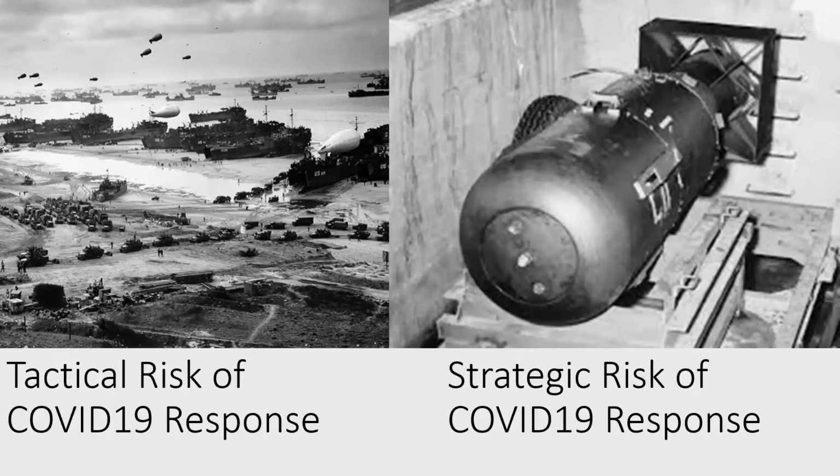And the strategic risk in World War II is that before we were able to defeat Germany, they would beat us in the race for a nuclear bomb and have deployable nuclear bombs, and that would change everything. The strategic risk in COVID-19 is as all these people get sick, each person who is sick has millions and millions of these virus particles within them, and each virus particle has a chance of mutating.